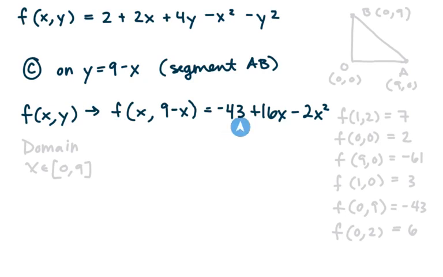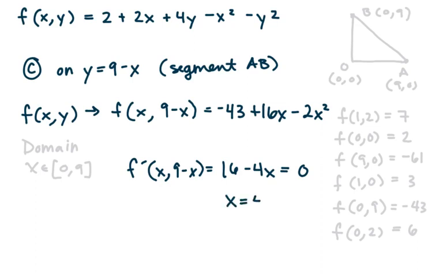So since f is now a function of one variable, f prime of x, comma, 9 minus x is 16 minus 4x. And I can solve this equal to 0. I would subtract 16, divide by negative 4, negative 16 over negative 4. I have x equals 4.